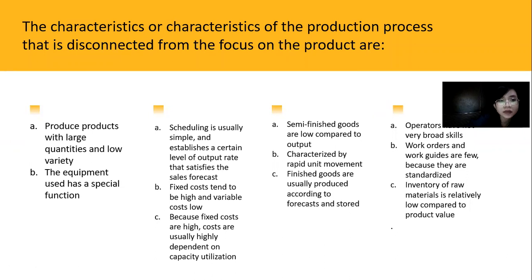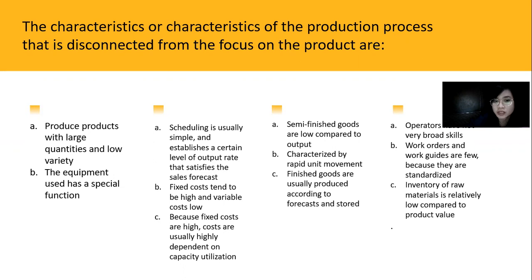Next, the characteristics of the production process that is disconnected from the focus on the products are, first, produce product with large quantity and low variety. Second, the equipment used has a special function.